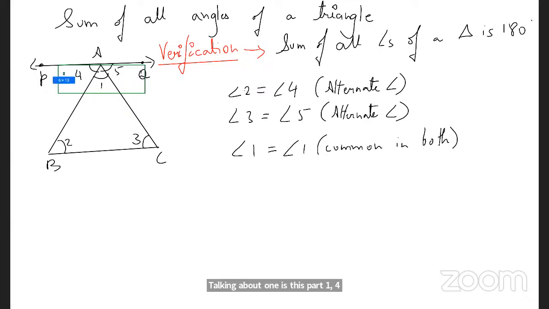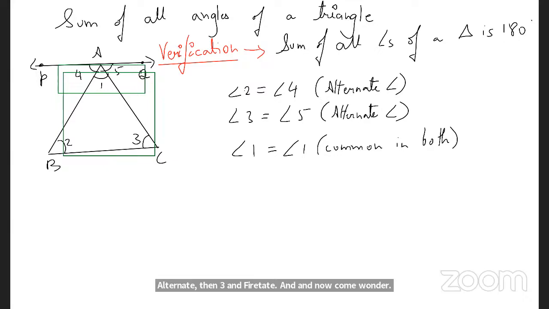The other one is this, 1, 2, and 3. Ma'am, I know that 2 and 4 are alternate, then 3 and 5 are also alternate. And how come 1 is common? One is common in both of them. In 1, 4, and 5, one is there. In 1, 2, and 3, also one is there. So that is why one is common in both.